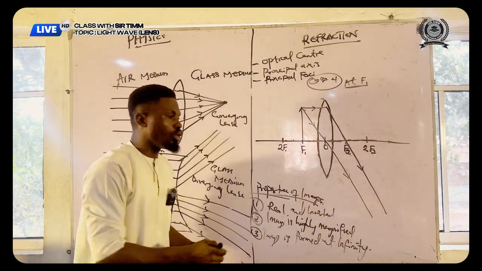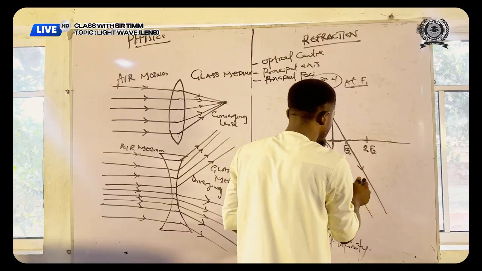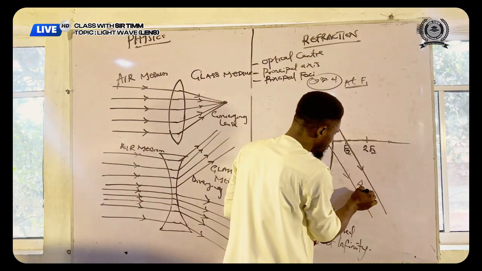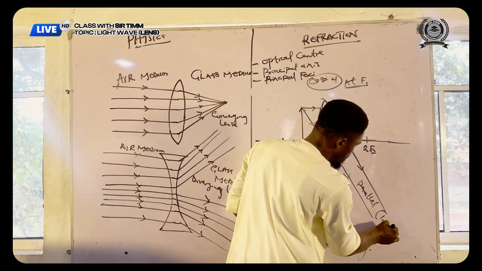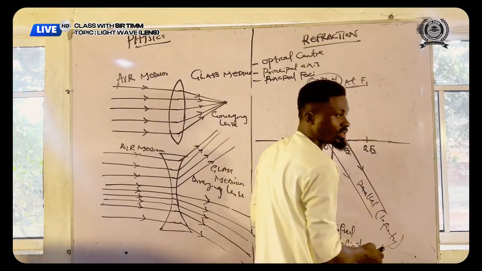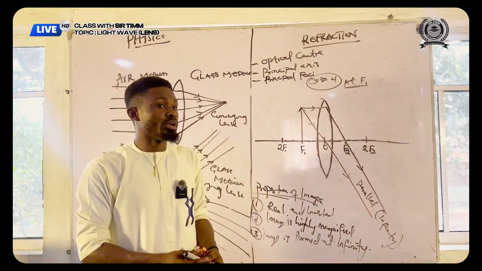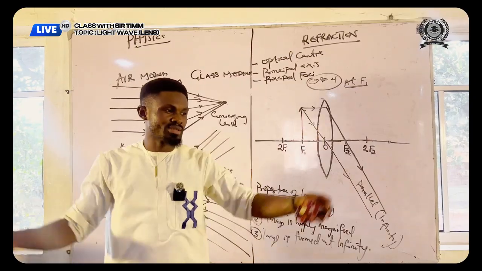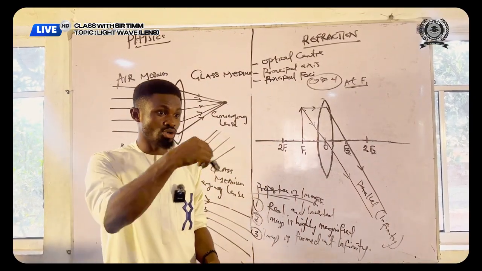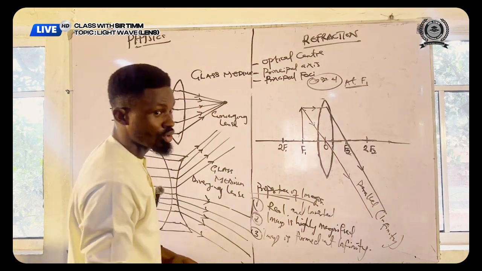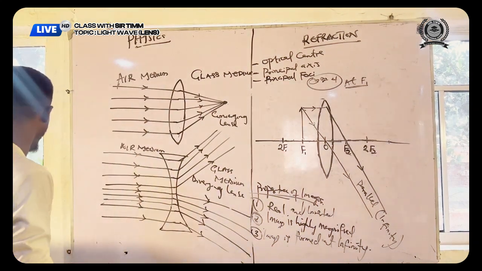Are you with me? So once the two refracted rays are parallel, then automatically the image will be formed at what? Infinity. This is very important. But if they become divergent, the image will go to the back and forth, isn't it? Just like we saw in concave mirror, isn't it? Yes, sir. Good.